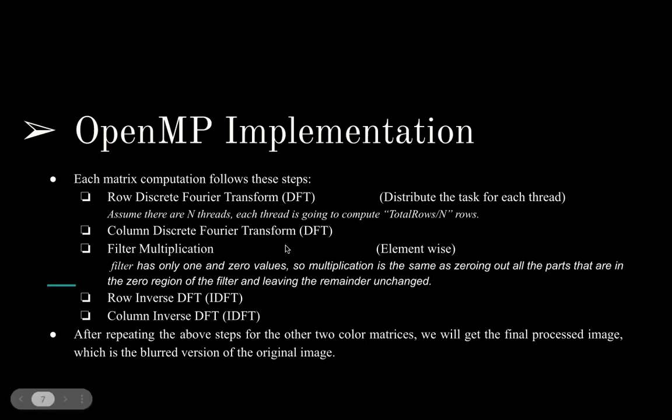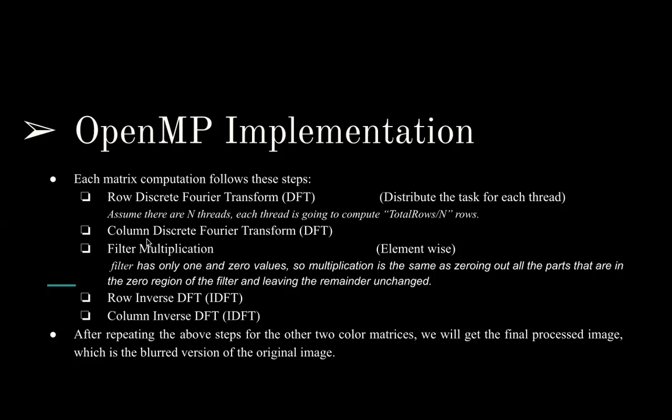This step is done element-wise, so we can still implement parallelism. Since we know the filter has only 1 and 0 values, multiplication is the same as zeroing out all the parts that are in the 0 region of the filter, and leaving the remainder unchanged. This would simplify the computation and speed up the performance.